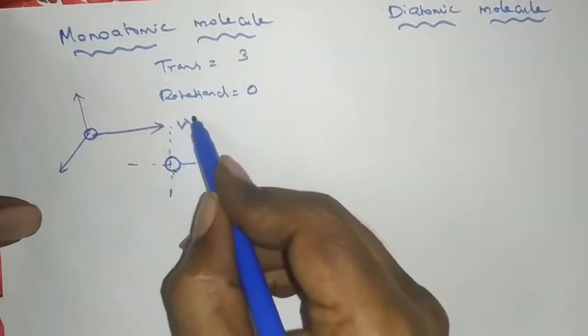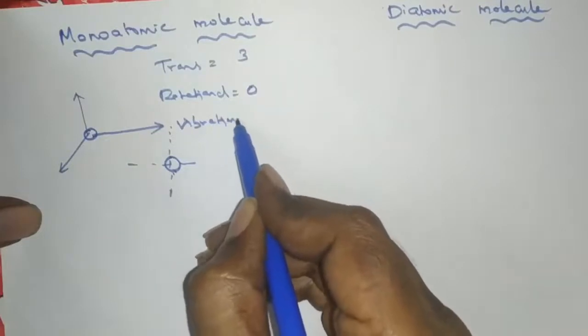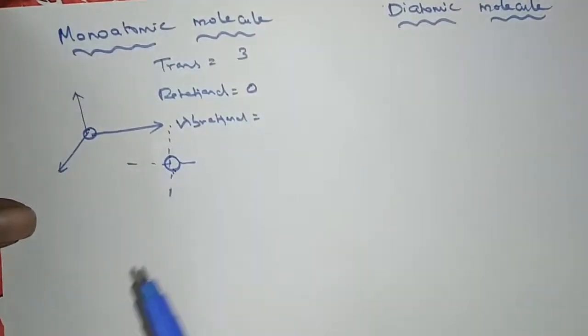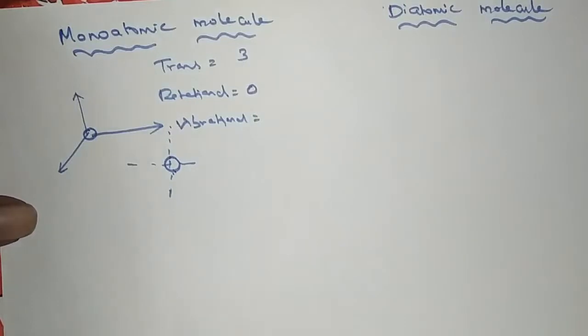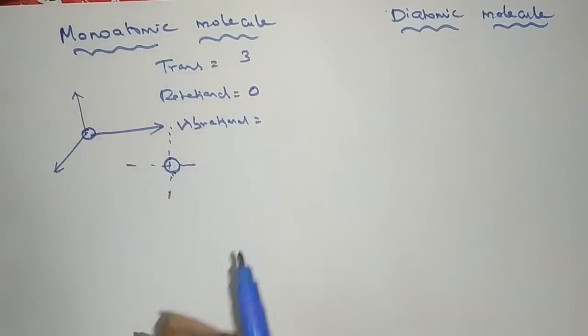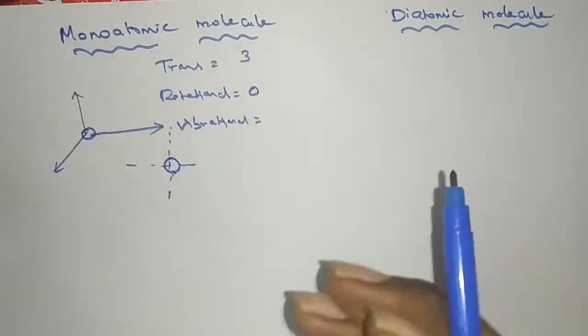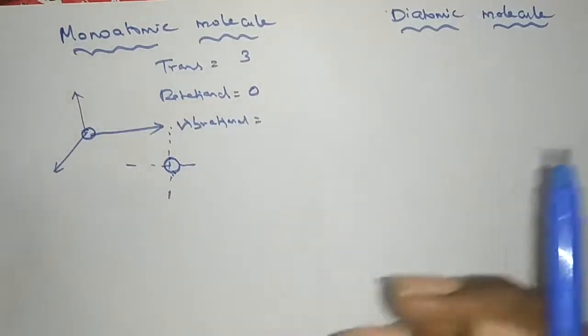And vibrational motion: it is a single atom, there are no bonds. So even at higher temperature, it is just an atom with no bonds, so it will not vibrate.